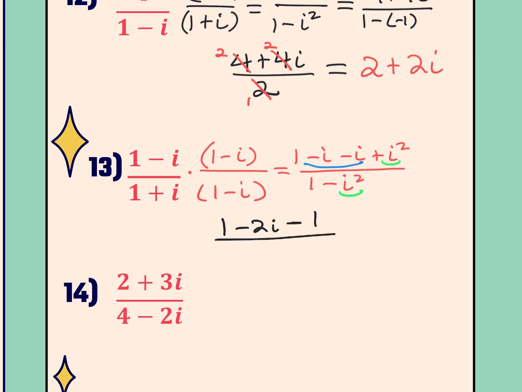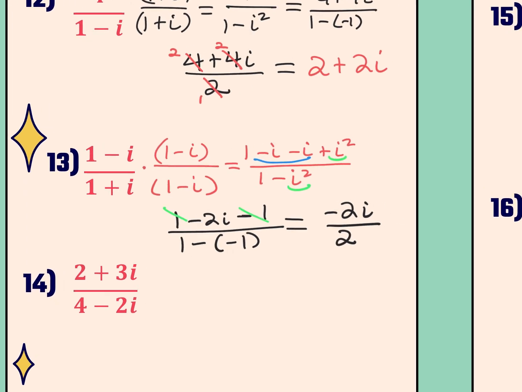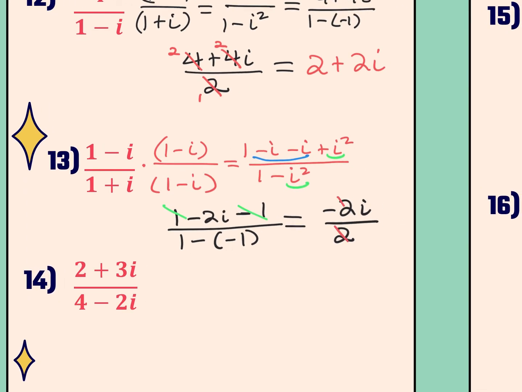And then the denominator here becomes 1 minus negative 1. The top, I notice I can do 1 minus 1. Those reals are gone. So I'm left with negative 2i. And then the bottom is 1 minus negative 1, so it's positive 2. I can simplify, and I'm just left with negative i.